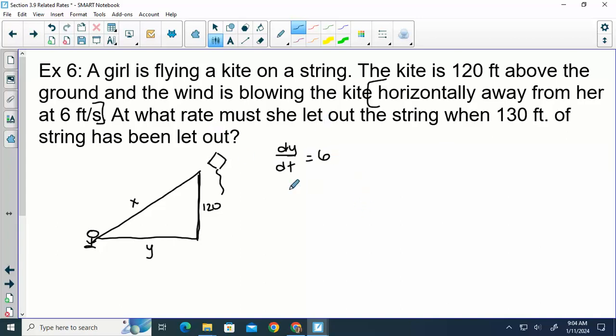At what rate must she let out the string? The string is side x. Since I want a rate, I'm looking for dx/dt. That's what we're trying to find. When 130 feet of string, so x is my string, we're looking at the instant when x is 130.